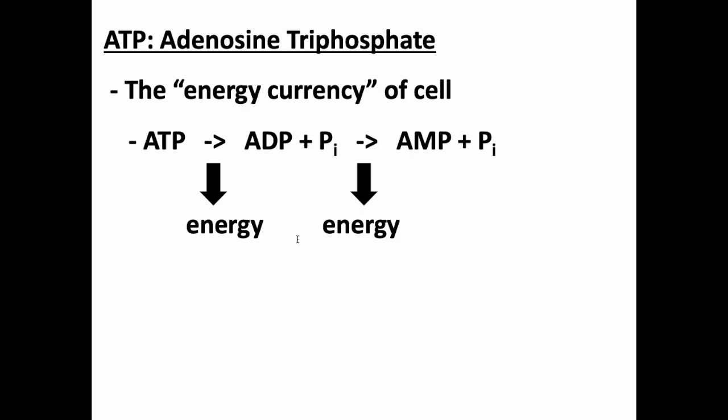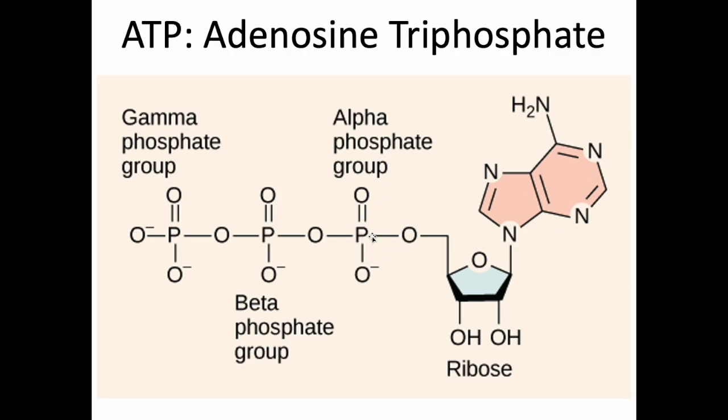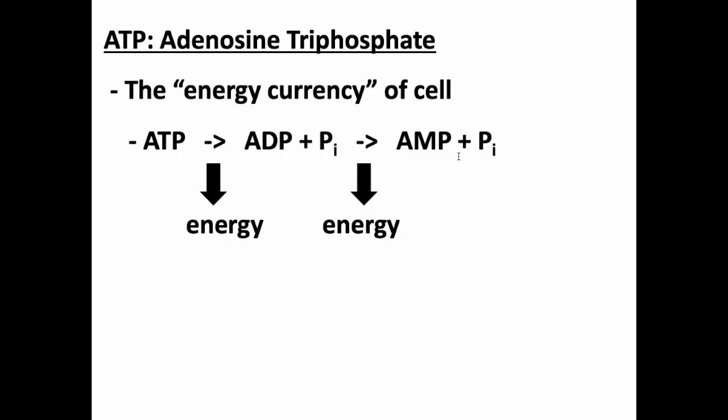And that's it, just these 2. This third phosphate, its connection with the sugar is not a high energy bond here. I mean, it can be broken down, but it's not as convenient. It's not really used as energy currency. There are 3 phosphates, but there are only 2 high energy bonds that can be exploited for energy here.